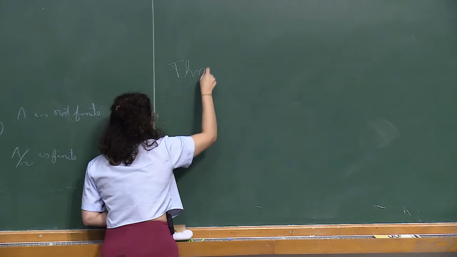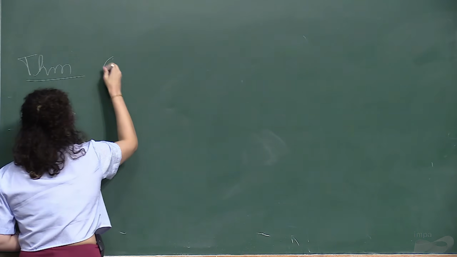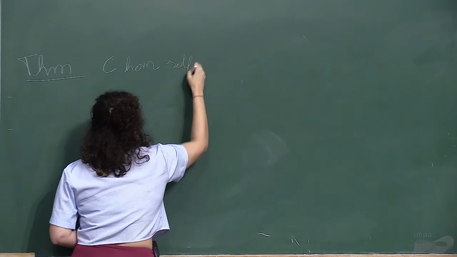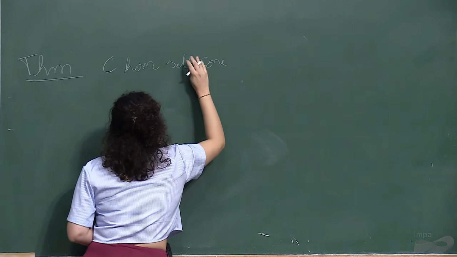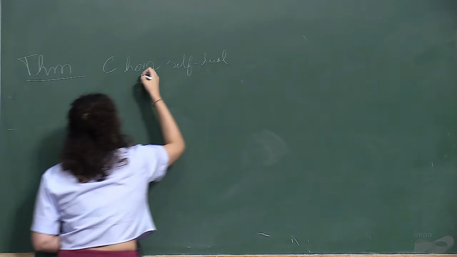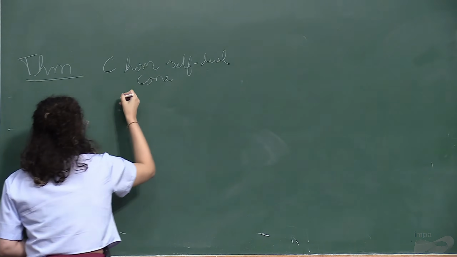So I have my theorem that says that C is a homogeneous self-dual cone. I will define what a homogeneous self-dual cone is in a couple of minutes.